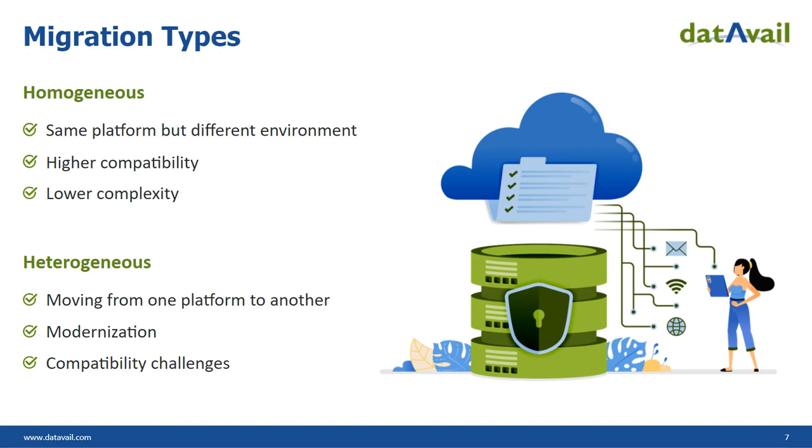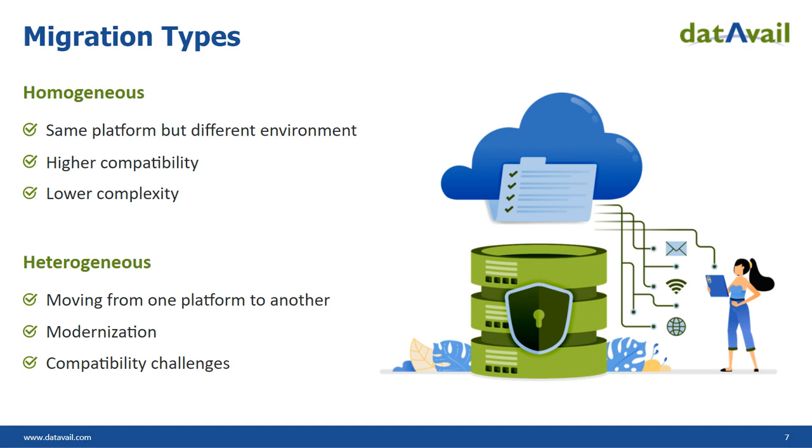There are usually 2 general types of migrations. The first one's homogeneous, the second one's heterogeneous. With homogeneous, that's when you are keeping the same platform, but just changing the environment. Since everything's within the same platform, compatibility issues are minimal, making the migration process simpler and less complex.